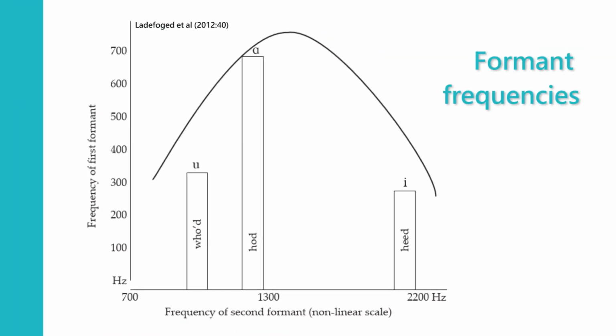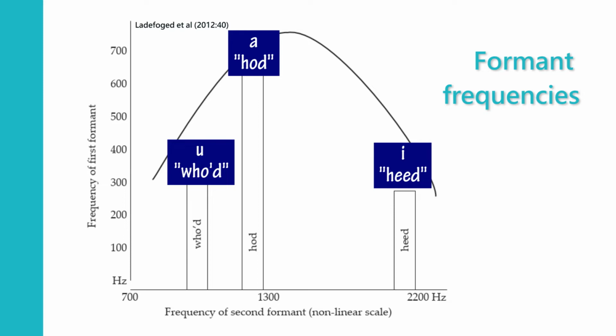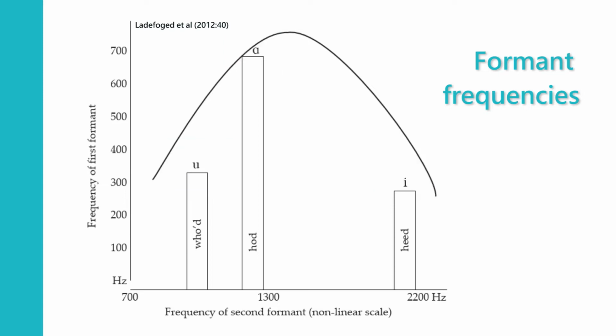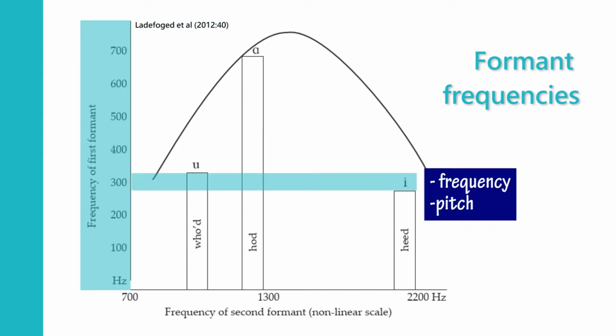So here I have a different chart, which is an example of the 1st and 2nd formant frequencies in vowels. As you can see, these are the vowels U, A, E. The frequency of the 2nd formant increases as you move from U to E. But if you look at the 1st formant, you will see that the frequency of the 1st formant for U and E are very close.